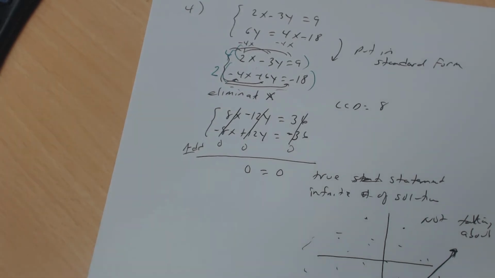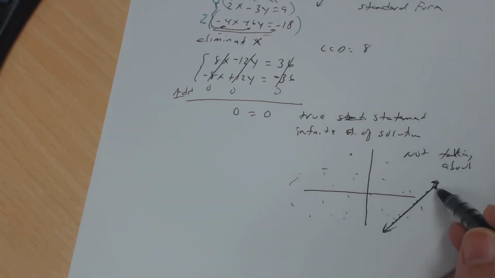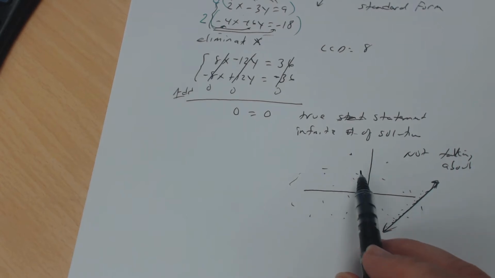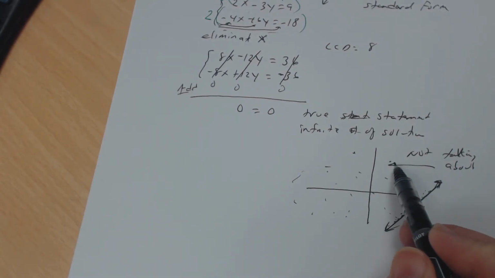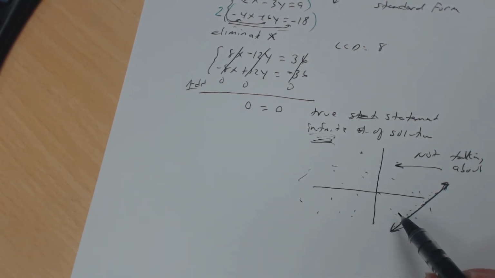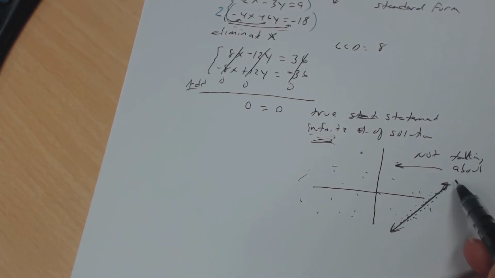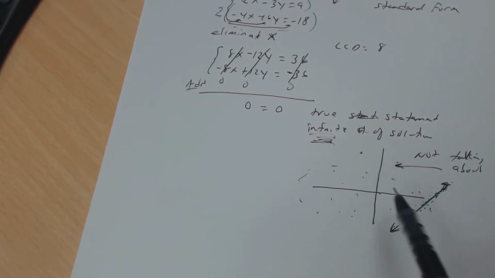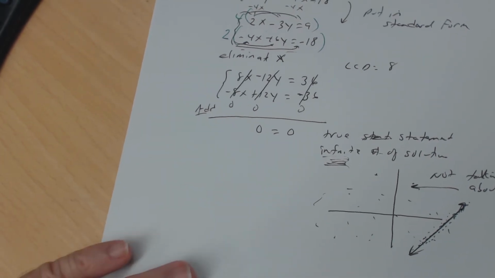So notice only the points on this line are solutions. None of these other points are solutions. So make sure you understand what I mean when I say the word infinite. Okay? There is an infinite number of solutions. This line, every point on that line, and there are an infinite number of points, is a solution. Not none of these, only these. Okay? Alright, so just make sure you understand that.